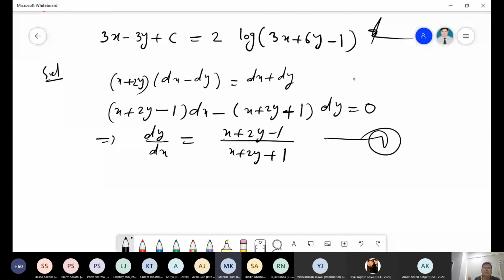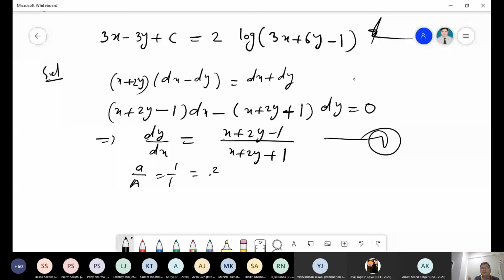The same question. Now this is a upon capital A equal to 1 by 1 equal to 2 by 2. This is equal to small b by capital B. So this is a special case. You take x plus 2y, so let x plus 2y equal to v.